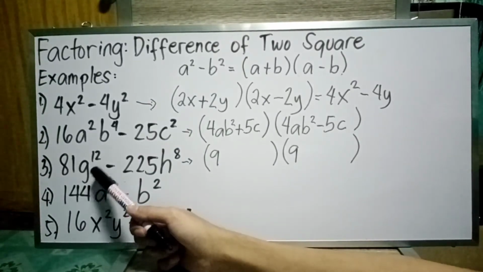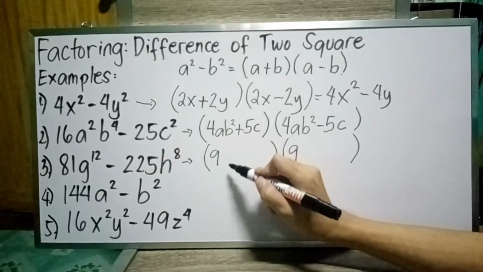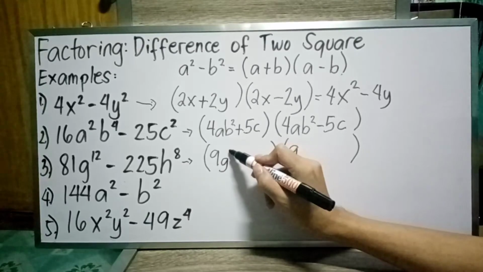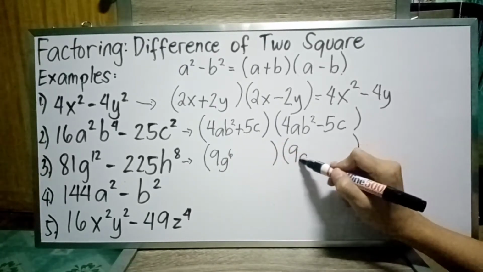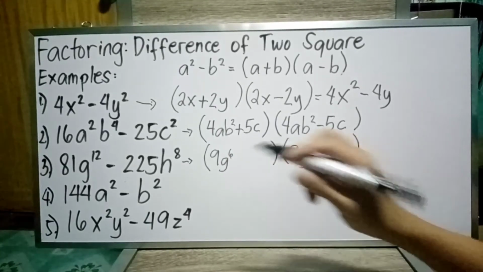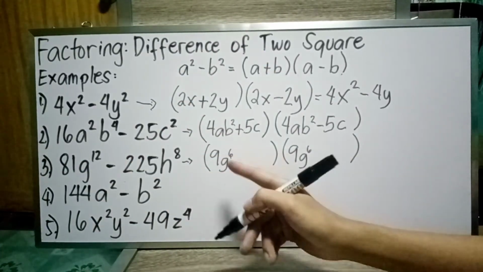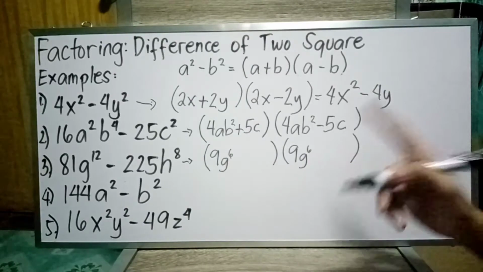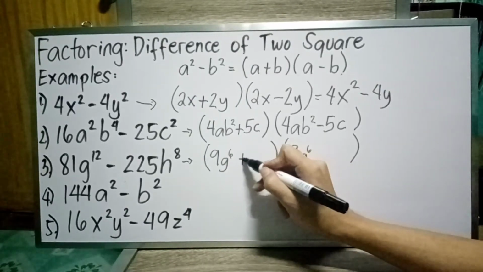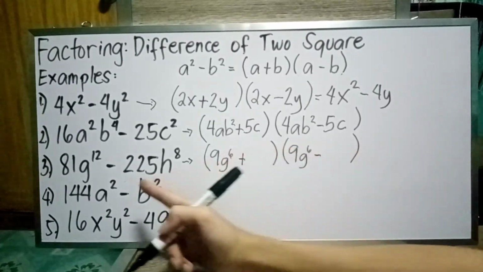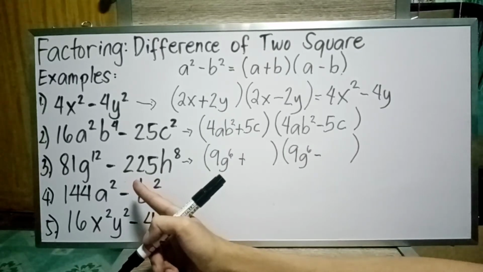Then g to the 12. So g here is g to the 6 and g here is g to the 6. We're just going to break it down into two equal parts. So g to the 6, g to the 6, plus minus the square root of 225.